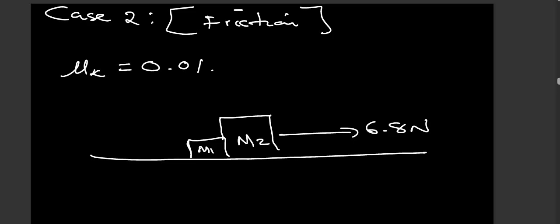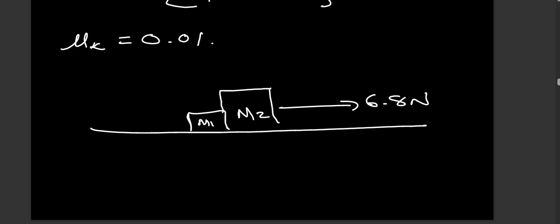It's either you treat this as if it's one object, because they are moving with the same acceleration. This guy here is simply the winning force. Then, because there's friction involved, there should be friction in the opposite direction.